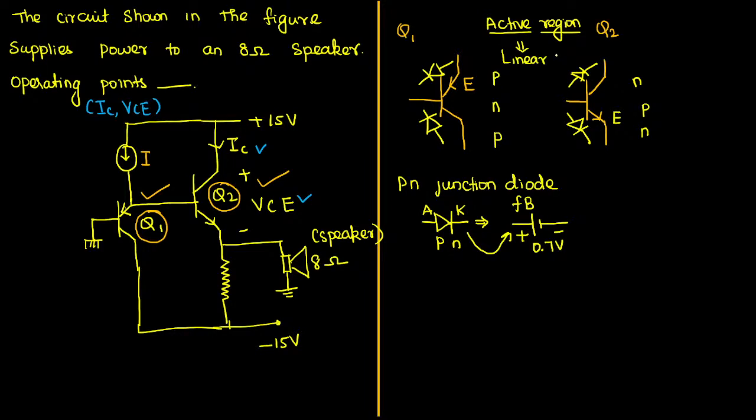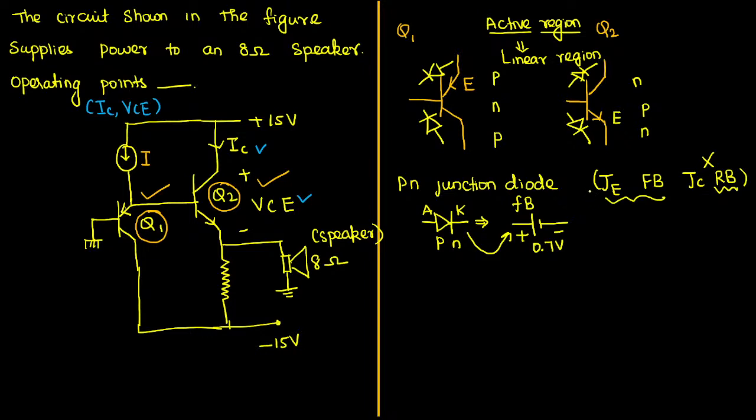So if we operate the transistor in the active region, then it doesn't matter whether it is an NPN or PNP transistor, always the emitter junction will be in forward bias and the collector junction will be in reverse bias. It is general, so we must apply this. The conclusion is, we need not be bothered about the collector junction. It is in reverse bias in the active region. You are focused only on the emitter junction.